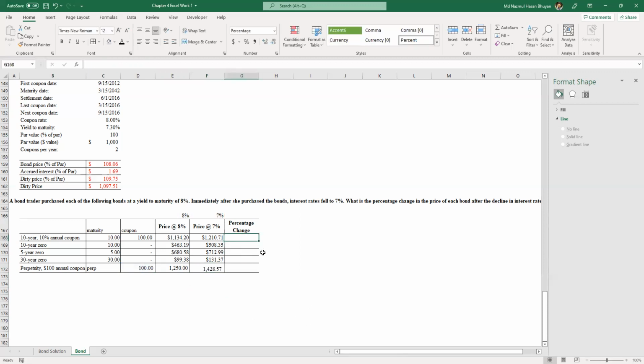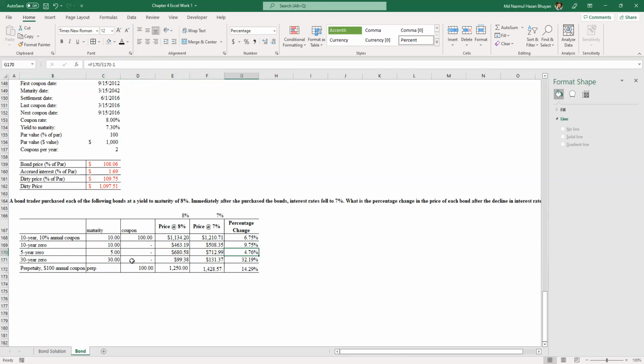All right, now let us calculate the percentage change. Now you can see here the 30-year bond has the most interest rate sensitivity, and the 5-year zero coupon bond has the lowest interest rate sensitivity.